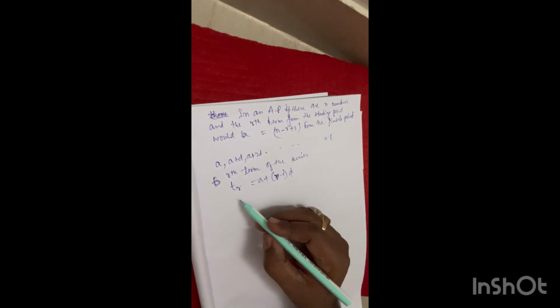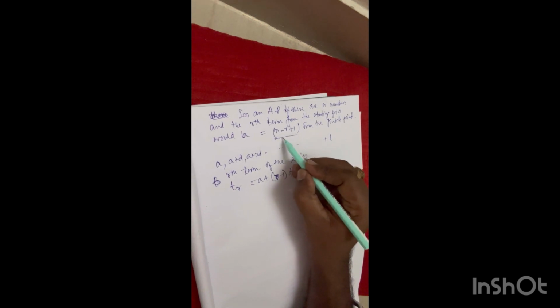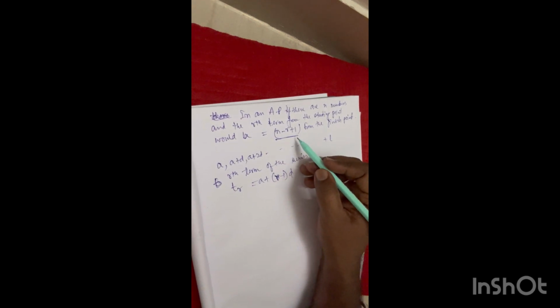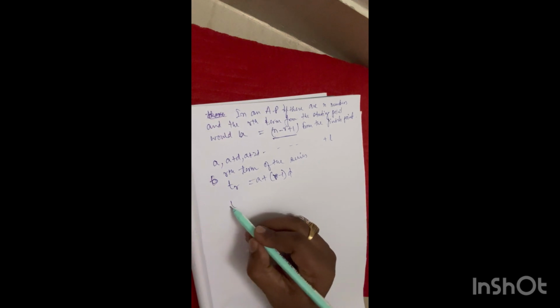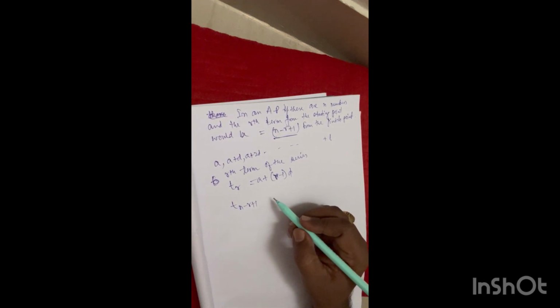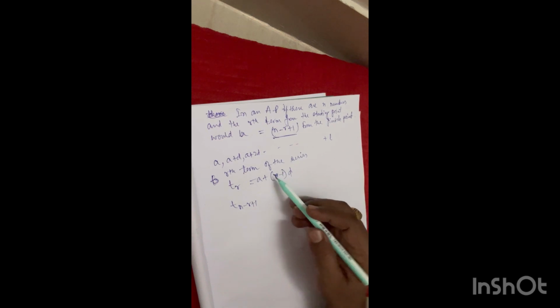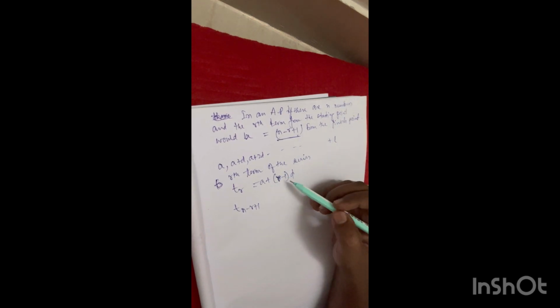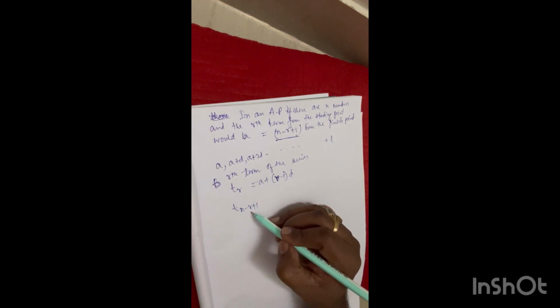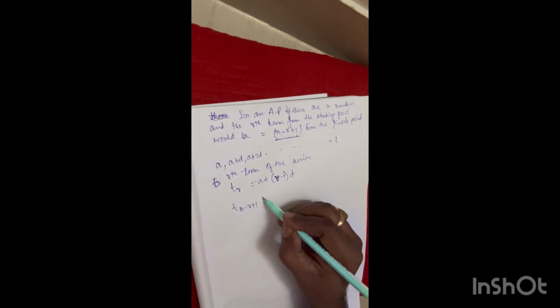This will be the case. And the term that, as I said, would be the n minus r plus 1 from the end. So then t n minus r plus 1 will represent the same number from the back end. But what would be the n minus r plus 1th term from the back end?